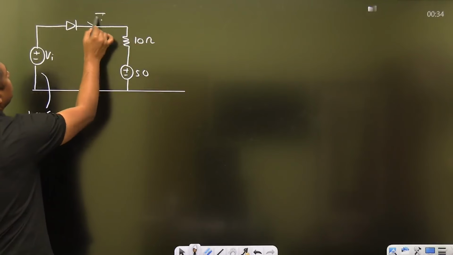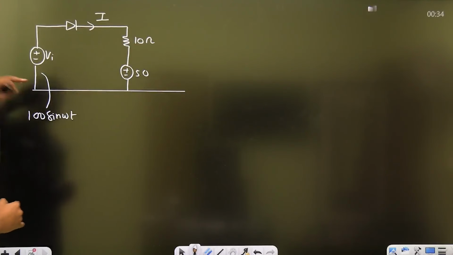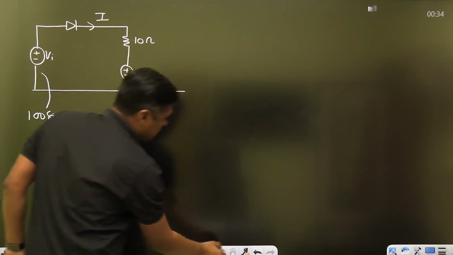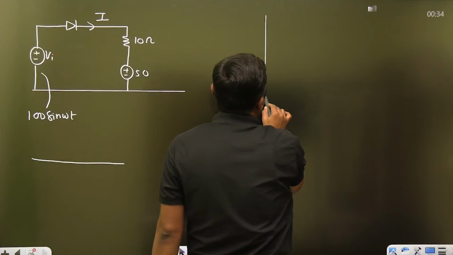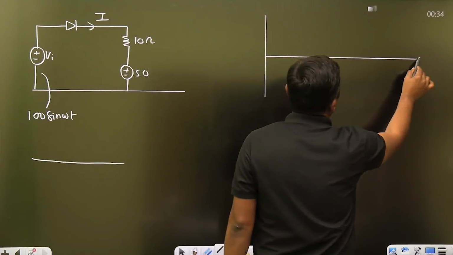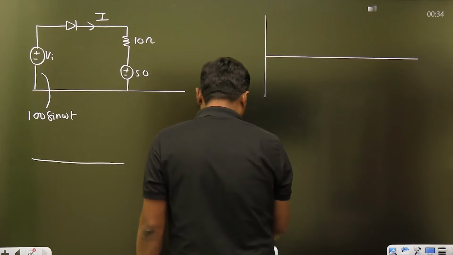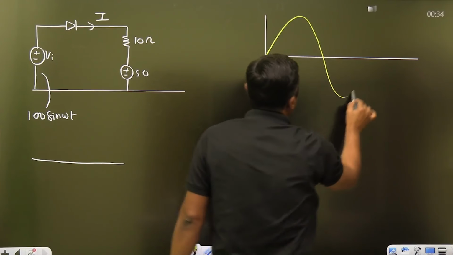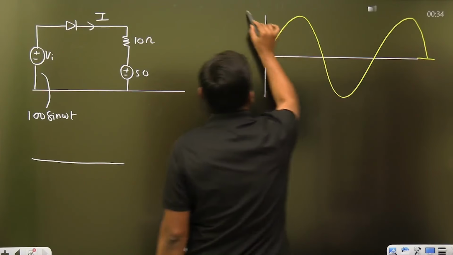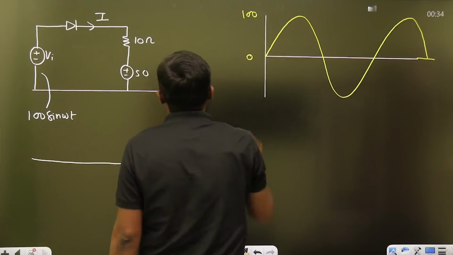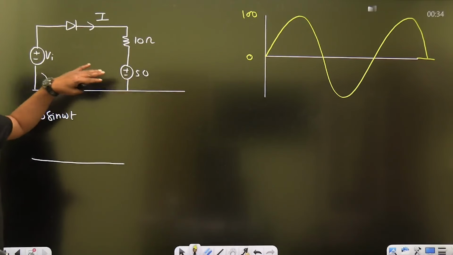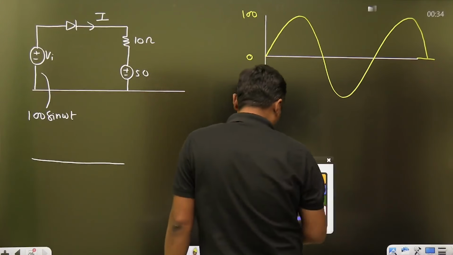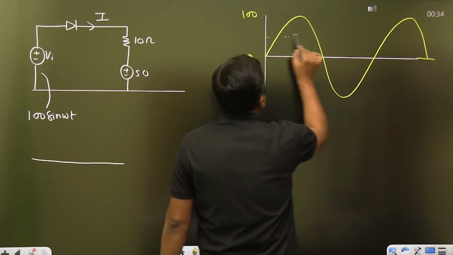Average value of the current is required when the diode is on during the positive half. Always remember, draw the diagram for the sinusoidal signal. What is the highest value? 100. This is the 0. But the 50 volt battery is connected. So when the input is greater than 50 volt, then the diode will be on. So there is a break point at 50 volt.